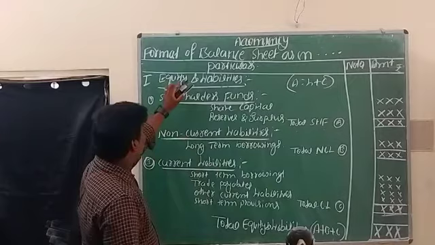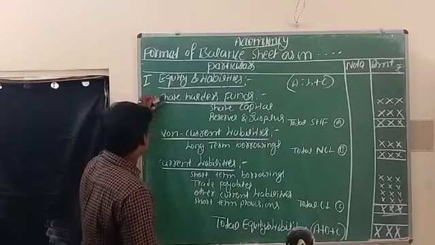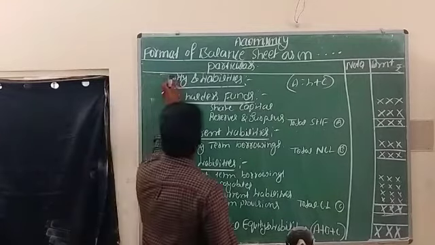So here after the completion of equity and liabilities, the second heading, the next one, assets.